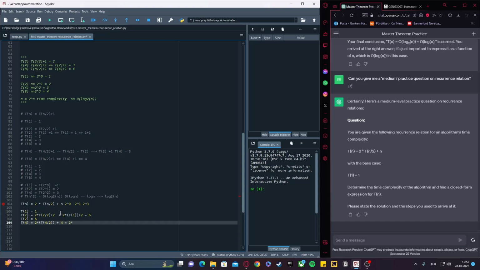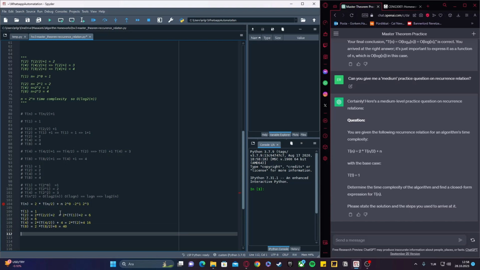So 2 times T(2) plus 4, and T(2) was equal to 6, so it will equal 16. And let's write T(8), and it will equal 2 times T(8/2) plus 8. So 2 times T(4), 32, and it will be equal to 40.